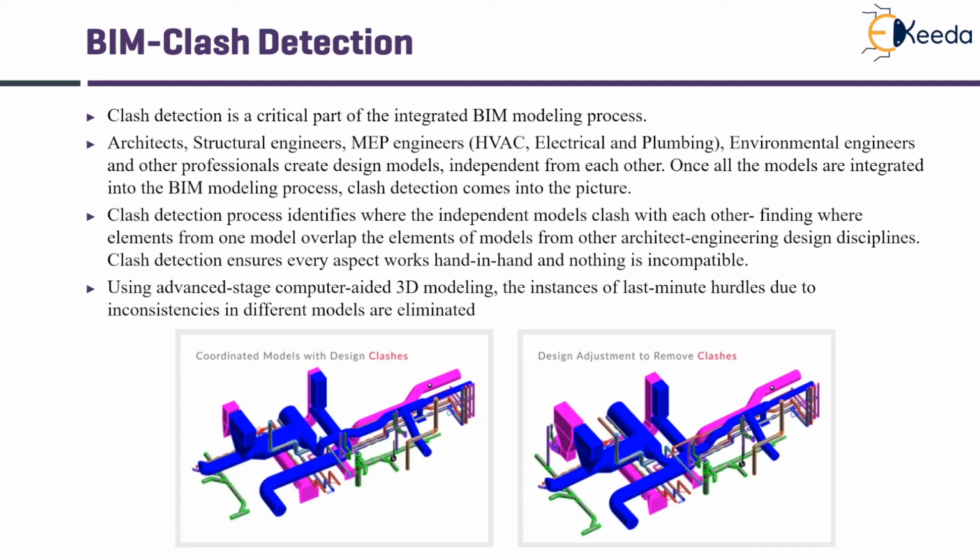And when we do that, clash detection comes into picture. Clash detection here is a process which identifies where the independent models clash with each other, finding the exact elements, the point of overlap, which will help the project manager to understand the design issues and immediately resolve them before it goes into manufacturing.